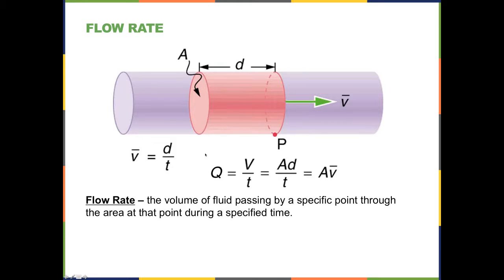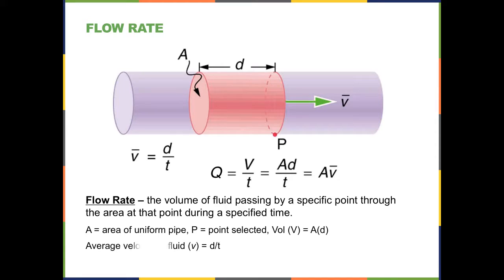etc. Now the velocity is equal to this distance traveled over time, as we well know. And again, Q, or flow rate, is equal to V over T, and V is this cross-section of volume right here, which would be D times the cross-sectional area over T. So if you substitute this for this, you end up with Q is equal to A, the area, times the velocity.